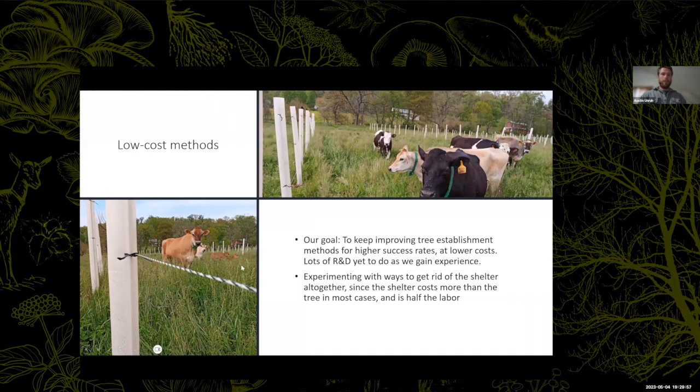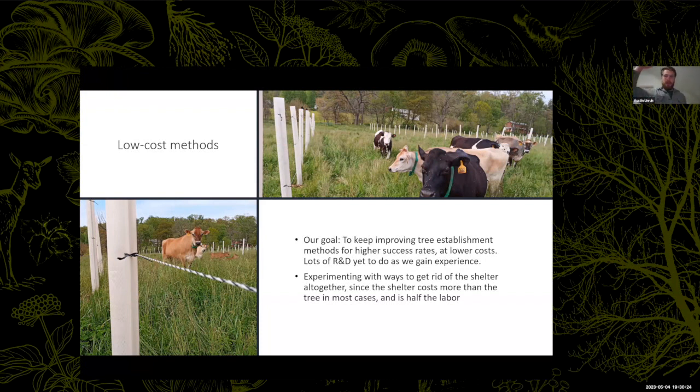So here are some methods that we have used in tree establishment, and we've been working on different methods here for the last 3 years or so, and we try to keep improving what we're doing, and being able to get higher success rates at lower costs. That's our goal. But currently, this is the main method that we use.